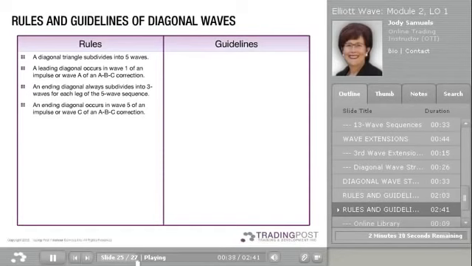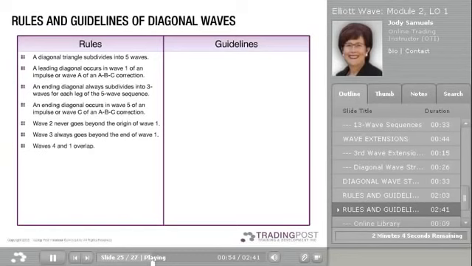5. Wave 2 never goes beyond the origin of wave 1. 6. Wave 3 always goes beyond the end of wave 1. 7. Waves 4 and 1 overlap. 8. Wave 5 always ends beyond the end of wave 3 in a leading diagonal. 9.